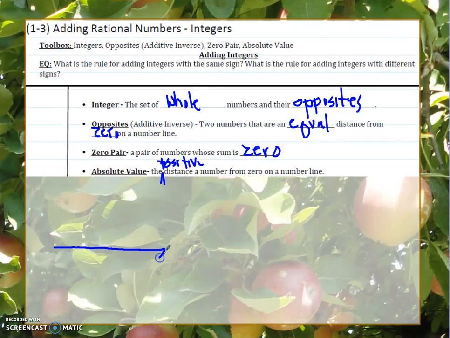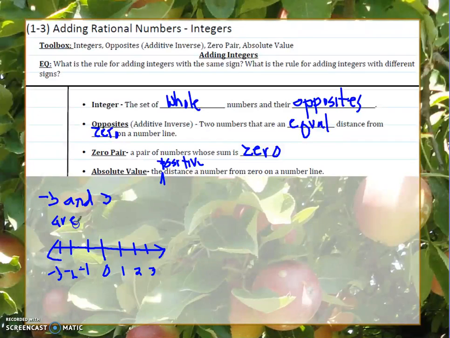If you have a number line, you have 0, 1, 2, 3, negative 1, negative 2, negative 3. Negative 3 and 3 are opposites.